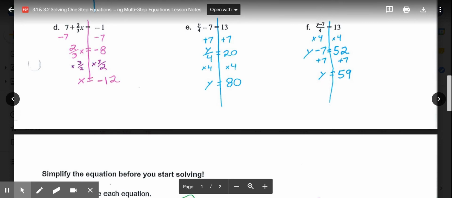Now, to undo the 2/3 times x, I'll be dividing by 2/3. But remember, if we're dividing by a fraction, we multiply by the reciprocal. So really, I'm dividing by 2/3 to get rid of this multiplication, but it turns into multiplying by 3/2 because when dividing by a fraction, we multiply by the reciprocal.